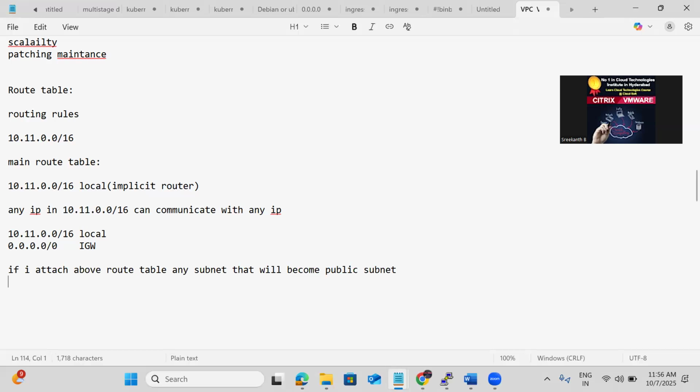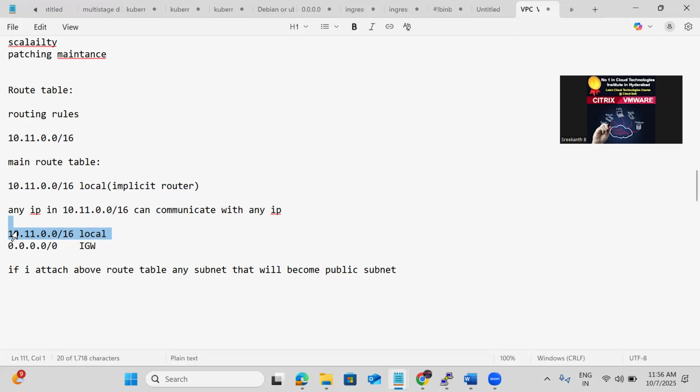If I have only the local rule, that is the implicit route, and that is private only.